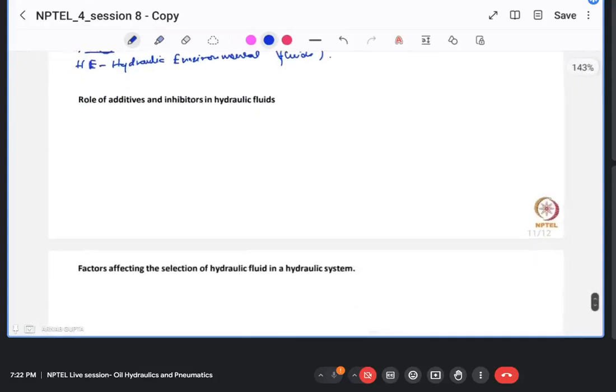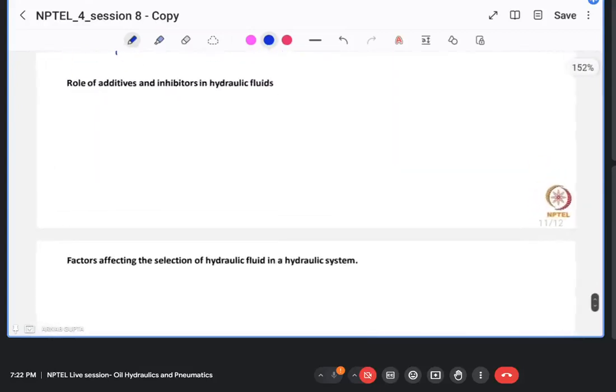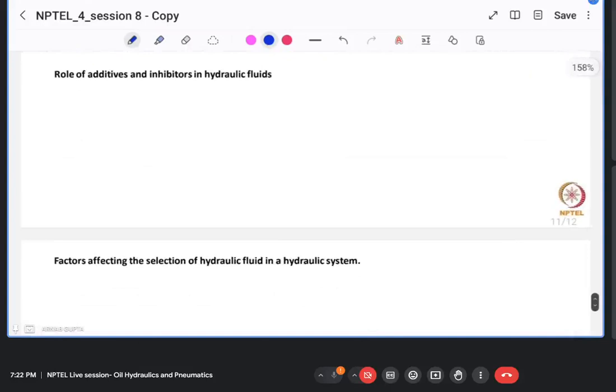What are the roles of additives? I wanted to discuss a few more things before concluding today's session. Some theoretical aspects may come as a question. You can be asked to select some of these auxiliary systems, like what type of hydraulic fluids and what type of hydraulic conduits to use for designing a particular hydraulic system.